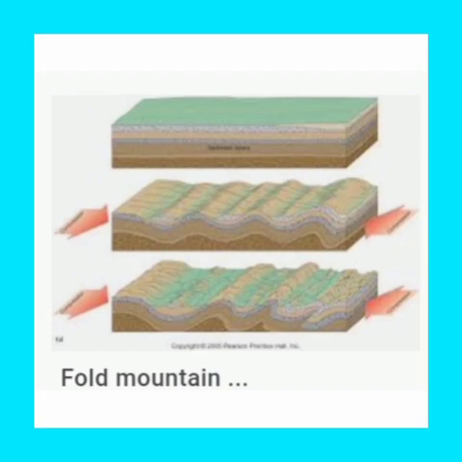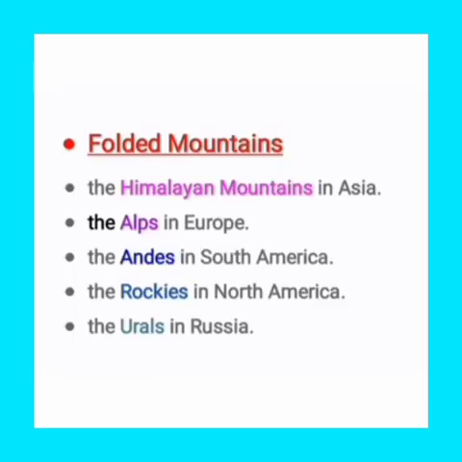They form when rock layers are squeezed together and pushed upward. The Himalayas in Asia, the Alps in Europe, the Andes in South America, the Rockies in North America and the Urals in Russia are examples of such mountain systems. Okay?